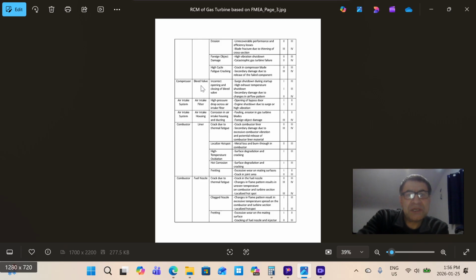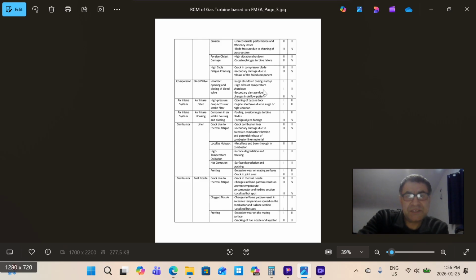Compressor subcomponent is a blade valve. Incorrect opening and closing of the blade valve is a dysfunctional problem. The effects are surge shutdown during startup, high exhaust temperature that could cause shutdown, and secondary damage due to change of the airflow pattern.